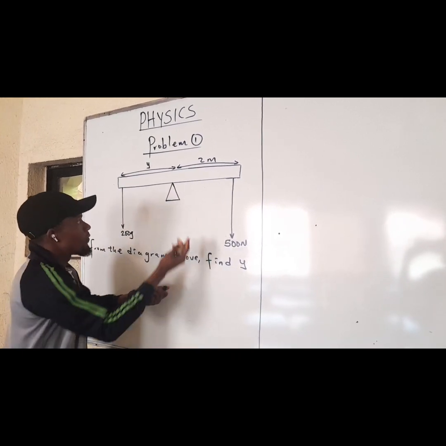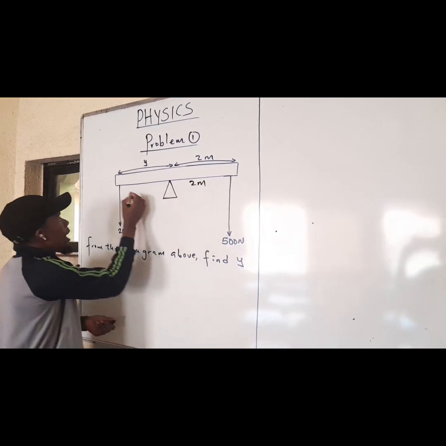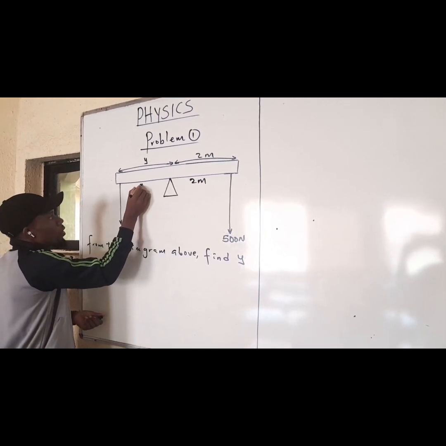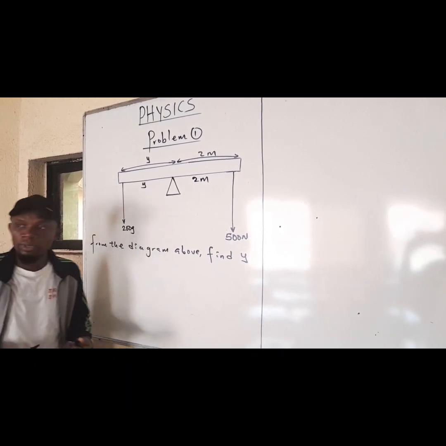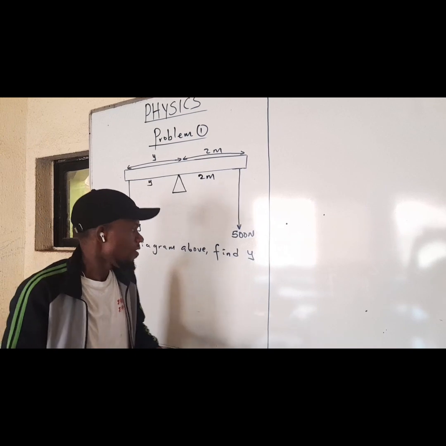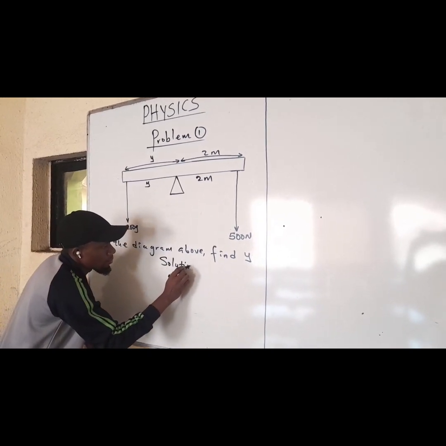So the same thing from this point to this point is 2 meters. Y from here to here, the same thing as Y, and I'm looking for my Y. So the first thing is the principle of moment. We have the principle of moment as the solution to this particular problem.